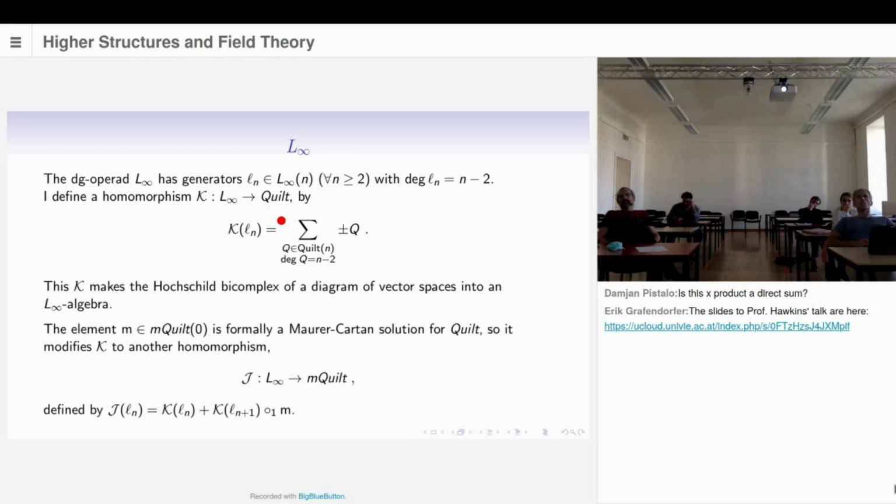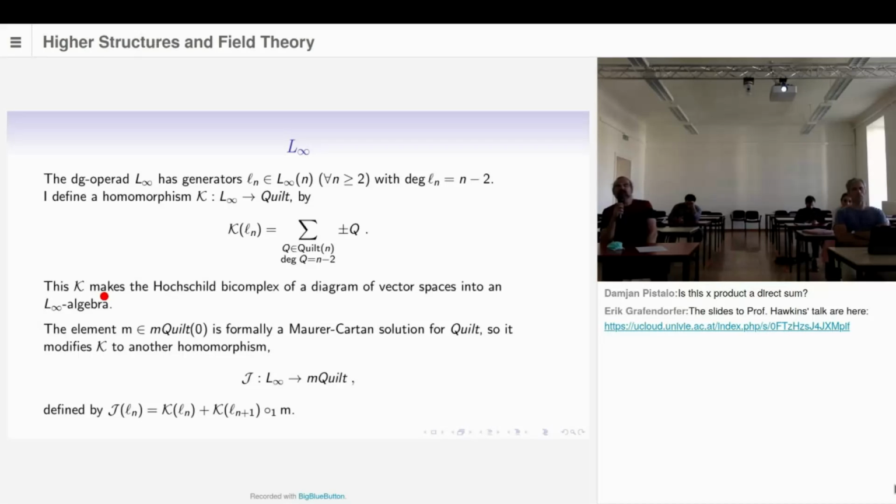And the formula for this is actually relatively simple. It's simply a sum with a sign, which is a long story, but you sum over all quilts with the correct arity and degree. So you're not picky, you just take all of them that could possibly make sense, and that gives you the right answer, fortunately. So that's a DG operad homomorphism from L infinity to Quilt.